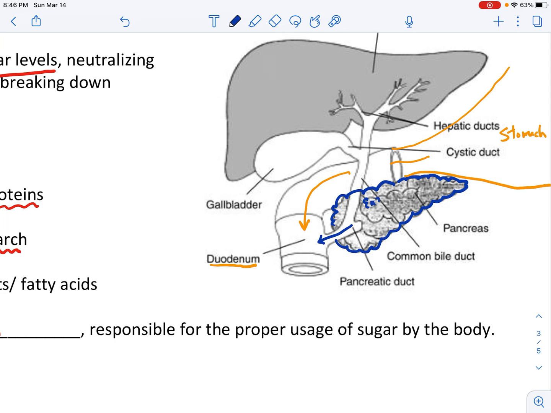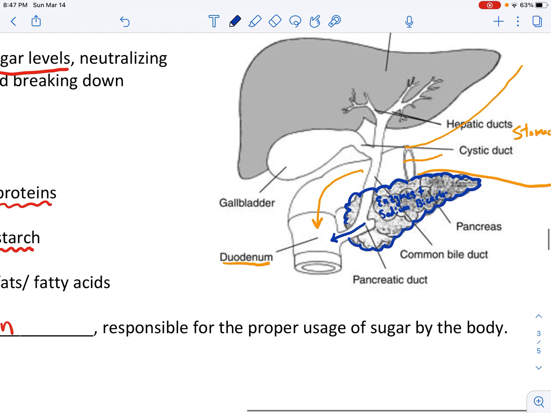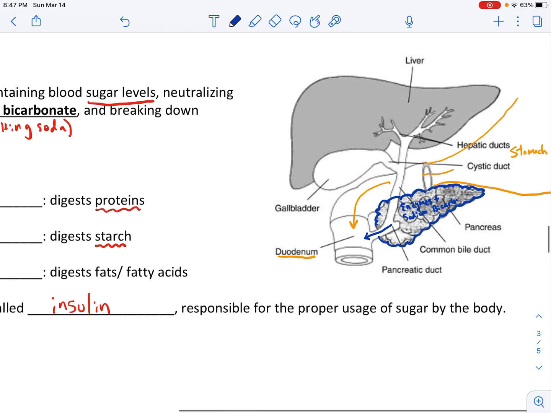So enzymes plus sodium bicarbonate. And the sodium bicarbonate is going to, again, neutralize the stomach acid so that that acid does not irritate the lining of your small intestine.